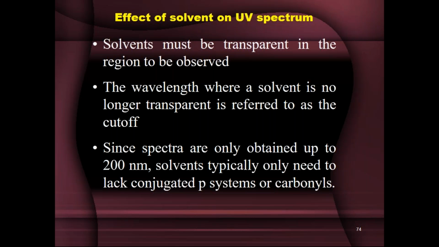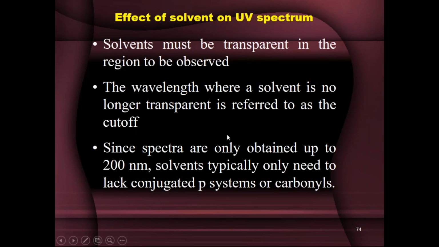It should be transparent. If we say that the solvent is transparent, that means that it will not absorb that wavelength of radiation. The wavelength where a solvent is no longer transparent is referred to as the cutoff. So if for a given solvent the cutoff is 210 nanometers, then at 210 nanometers and below, the solvent will be absorbing radiation.